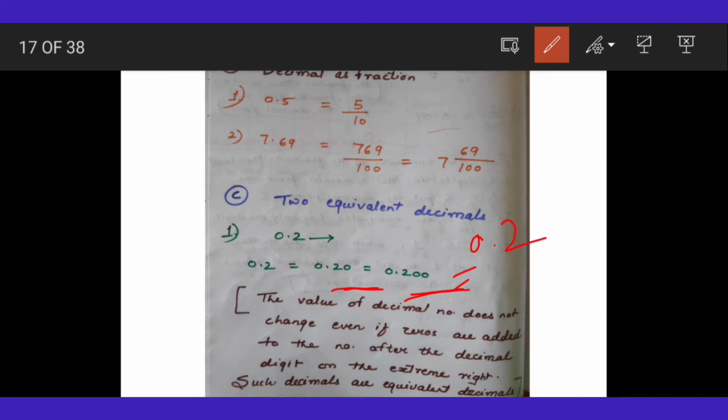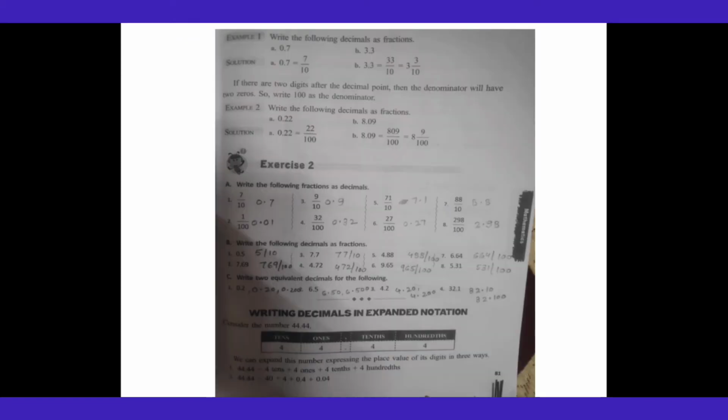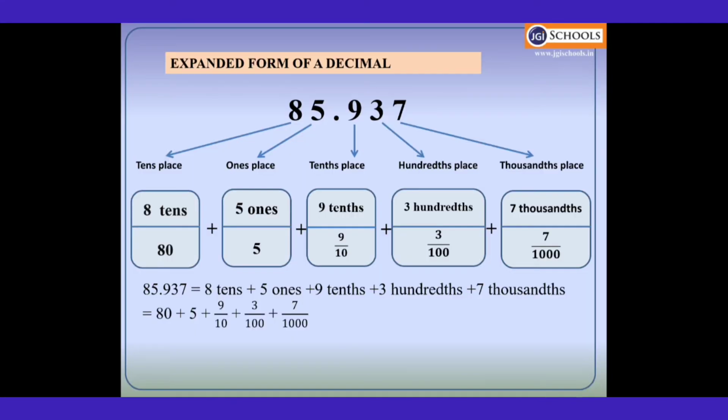The value will not change if you add any number of zeros after the number. Okay. Therefore, it is the equivalent decimal. Okay. You can finish your exercise in the notebook here. Pause the video and write the questions and the answers of this exercise.